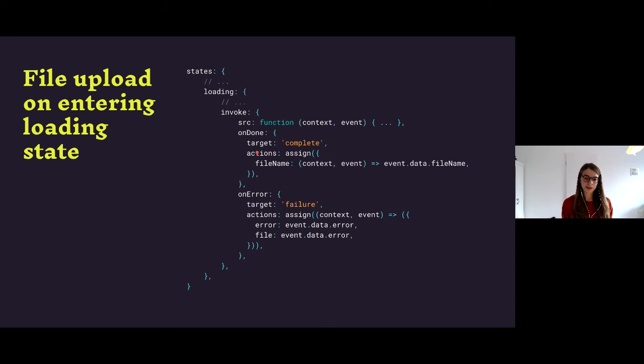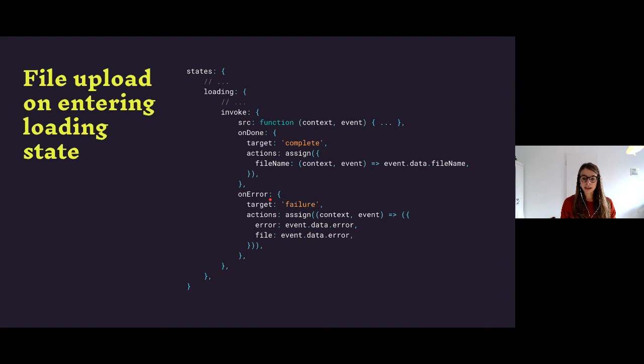And if the upload was successful, the next state to which machine should transition is complete, and the action, like a side effect that we need to perform when this happens, is we need to save a file name to the context of a state machine, because file name was something we were showing as an indicator that file was uploaded successfully.